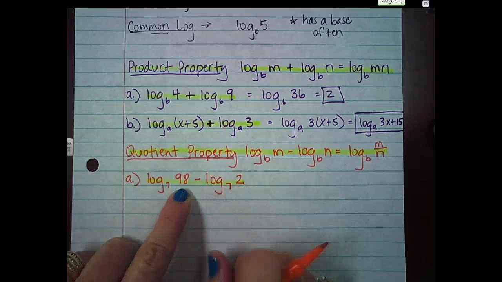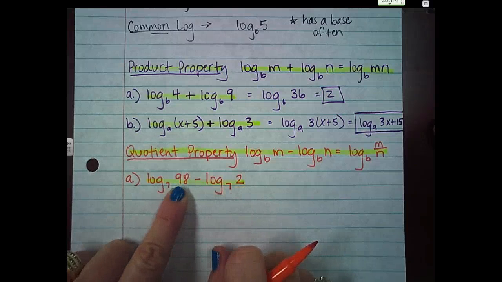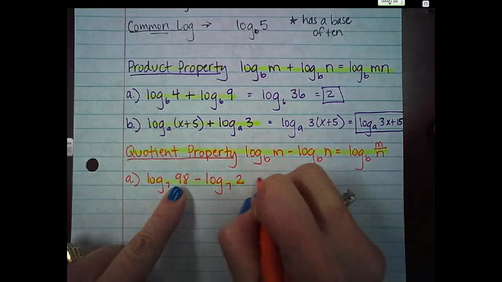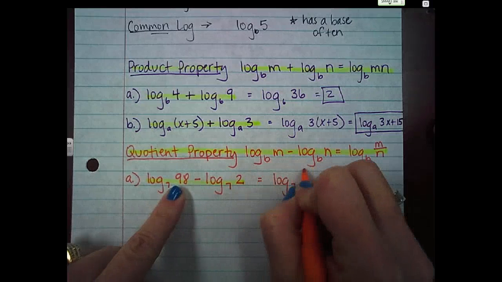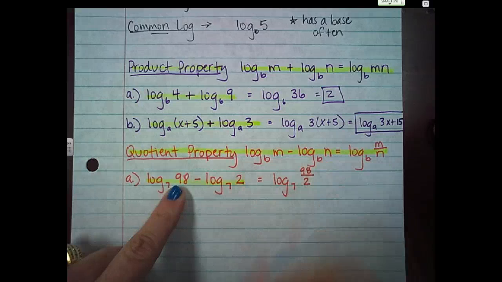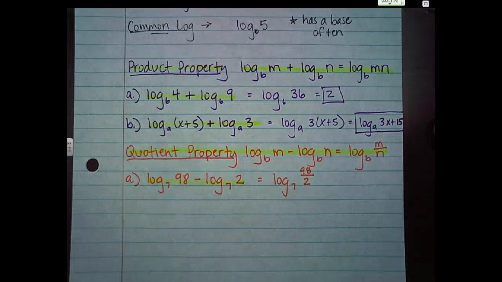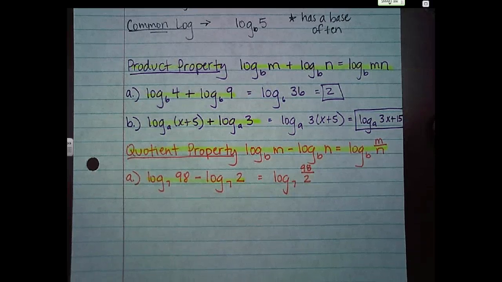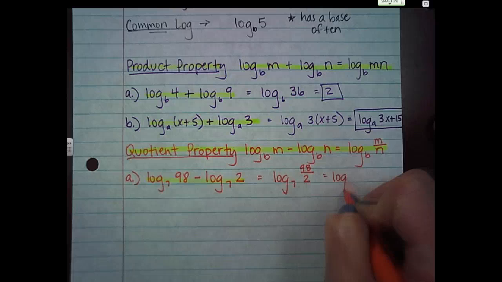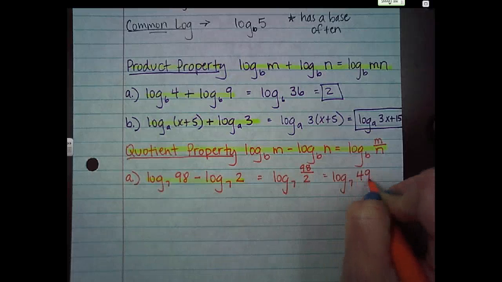And the 98 goes on top. The first number goes in the numerator. So this is the same as log base 7 of 98 divided by 2. Well, we don't have calculators, so in your head, what's half of 90? 45. And half of 8 is 4, so 49. So log base 7 of 49.